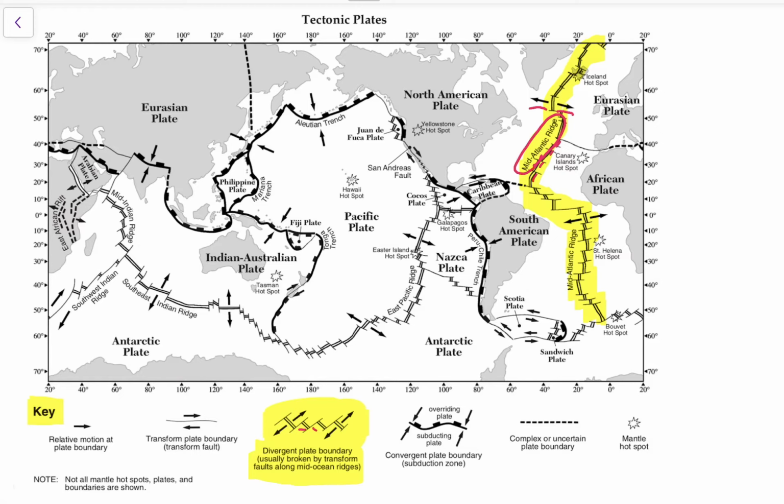Okay, another major ridge, another major divergent plate boundary on this map is the East Pacific Ridge, right here. Let's go ahead and color all of the East Pacific Ridge along the Pacific Plate.